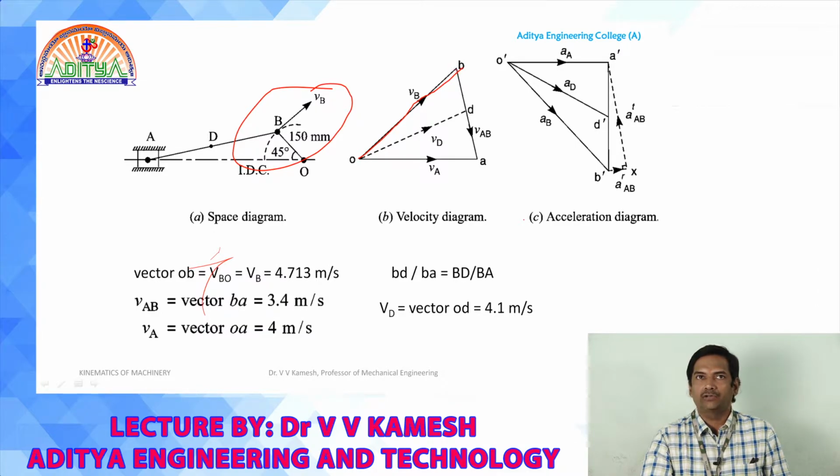How much length we need to keep for OB depends on the calculation of VB equal to omega into r, where omega is the crank angular velocity, given as 2 pi into 300 by 60. So, the velocity of B will be 4.713 meters per second. Related to this 4.713, we will take a sufficient scale and draw OB.